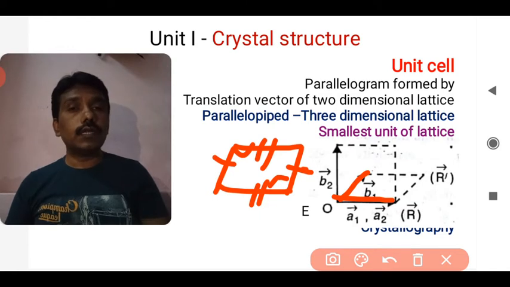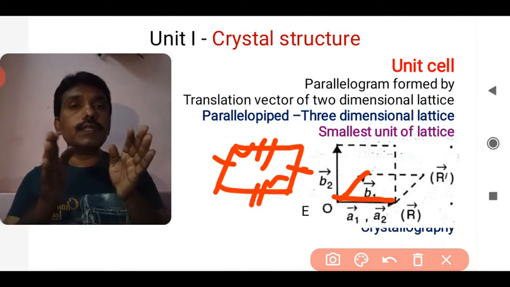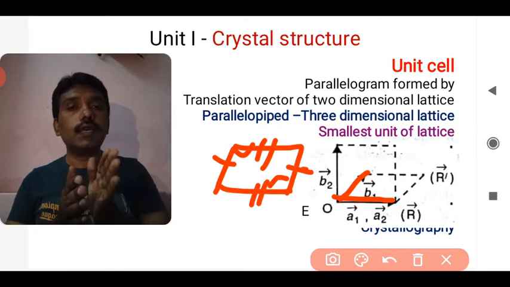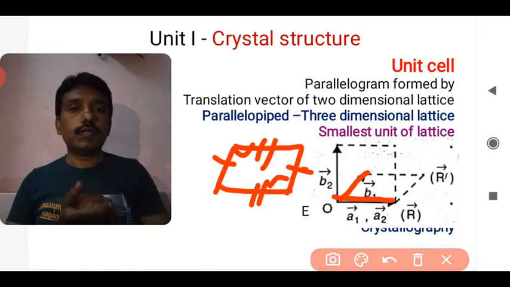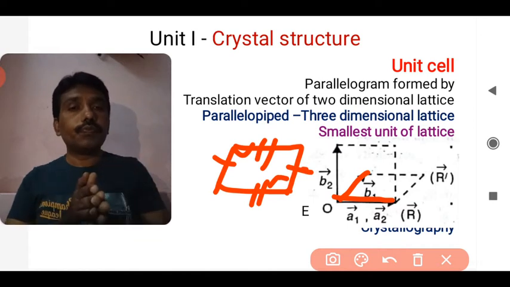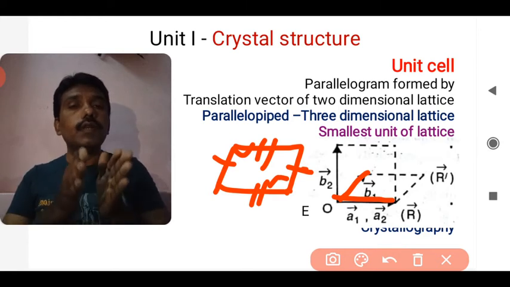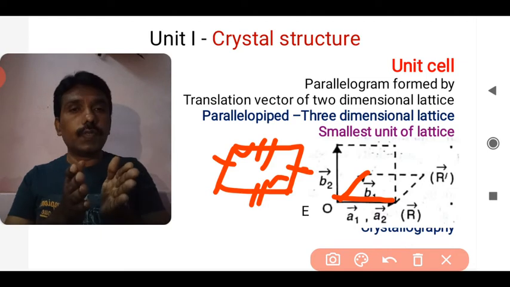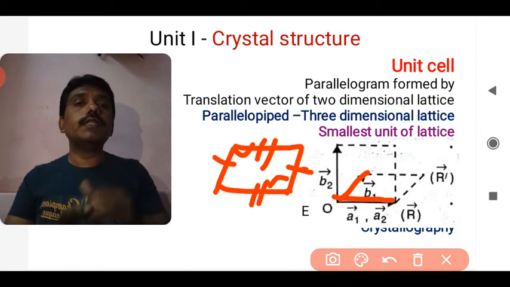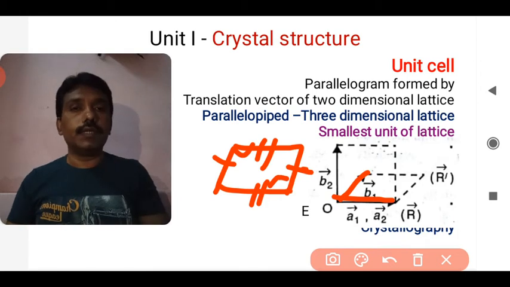But as far as the three-dimensional lattice is concerned, we need six parallelograms. In the three-dimensional case there are three vectors a, b, c, and that gives you six surfaces of parallelograms, which become a parallelepiped in three dimensions.